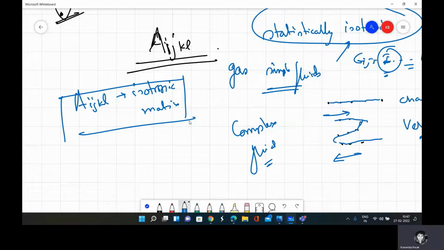Therefore, the value we are multiplying with the velocity gradient must be directional invariant, that must be isotropic. The local velocity gradient has some directional property, but we are multiplying with an orientation invariant quantity, that is Aijkl, an isotropic matrix. We are multiplying an isotropic matrix and we are getting that.